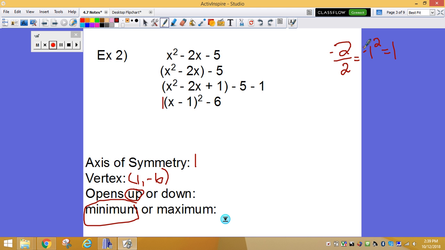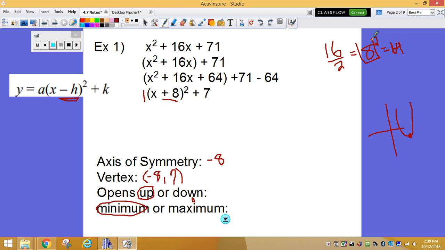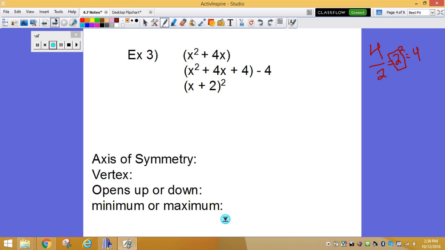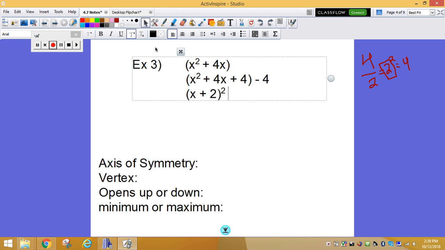Here I got -1 when I divided, which is what it was right there. Here I got 8 when I divided, which is what I got right there. So if you're like, how is she getting that number? That's an easy way. Just whatever you get when you do this dividing by 2, that's the number that's going to go inside there. And then on the outside, I still have my -4.